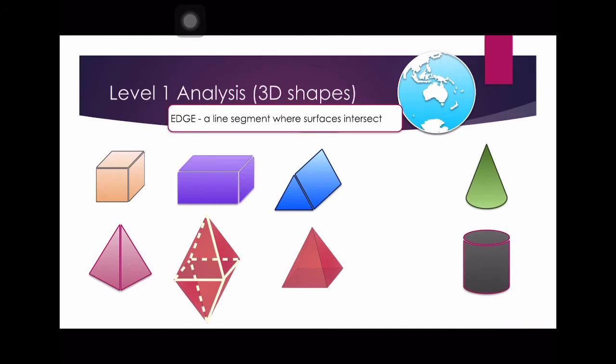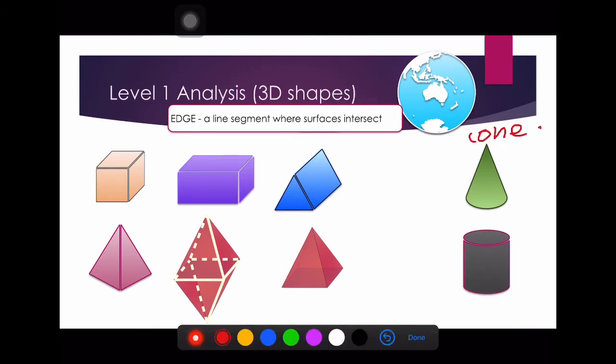Now finding the edge for a cone: it is where the surfaces intersect, and as we have seen just now, there are two types of surfaces found in a cone. One is curved and one is flat. The part where the curved surface and the flat surface meet is the edge.